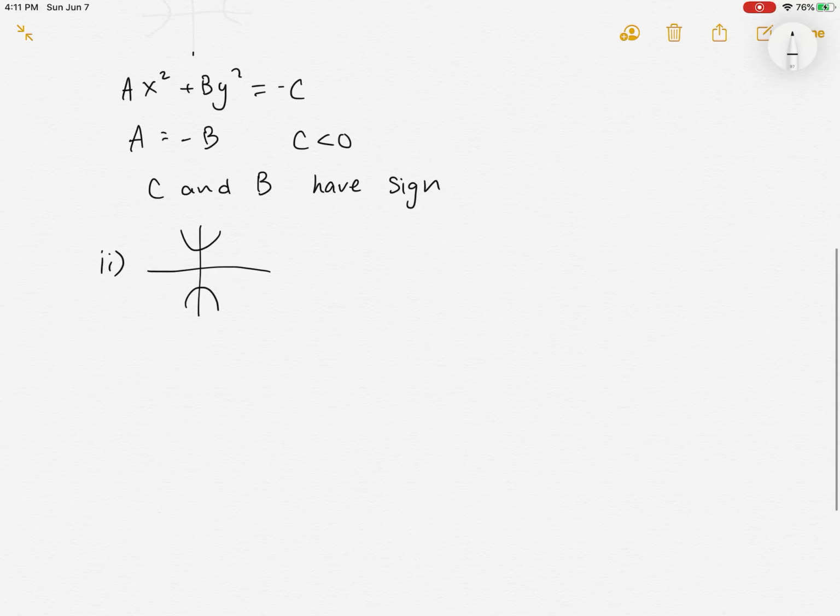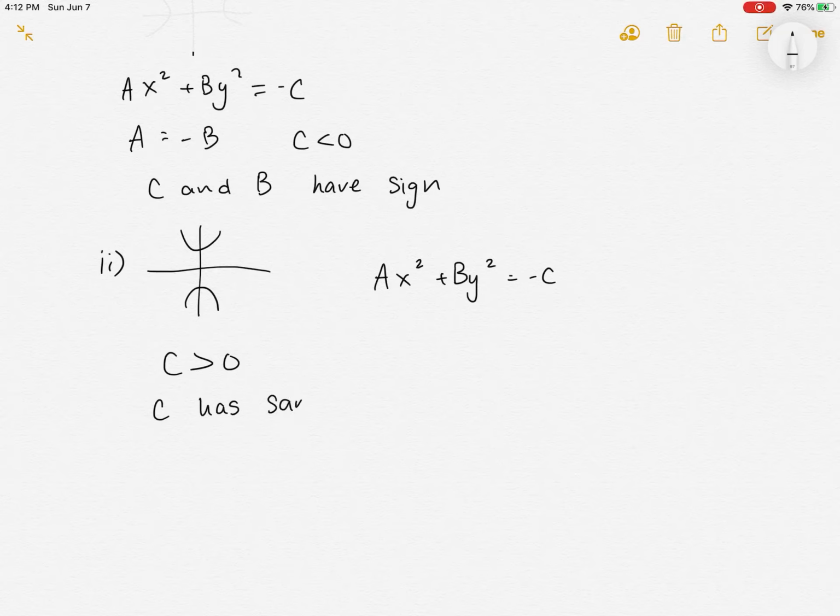Because of the equation, C has to be greater than 0, and it has to have the same sign as A, and then B has to remain negative.